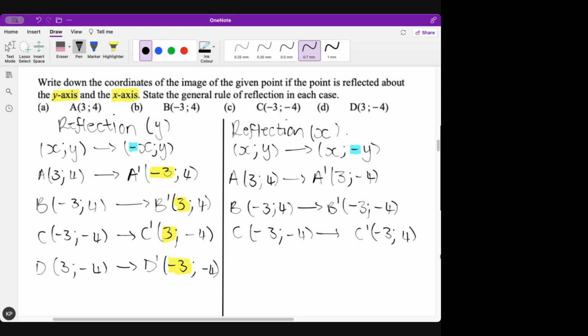I don't think it helps that they use the same numbers here. It's confusing everyone. And D, 3 and -4 reflected upon the x-axis becomes, yes, +3 and +4. And if we look in this case, all of my y coordinates have changed signs.